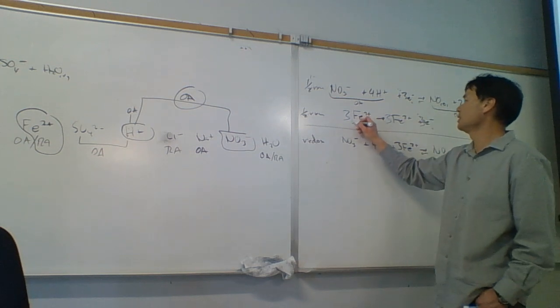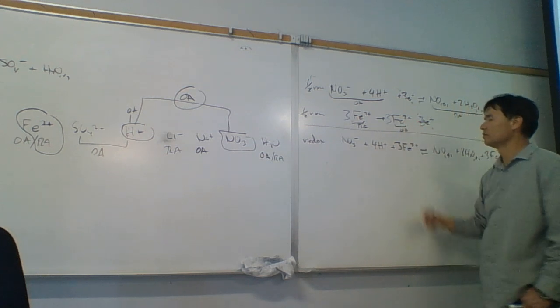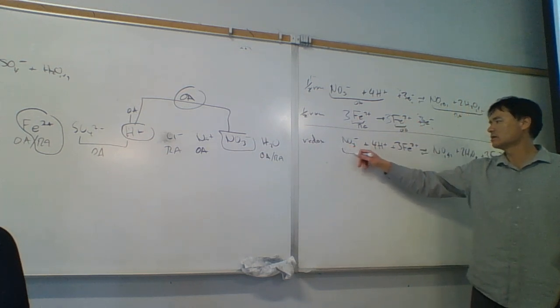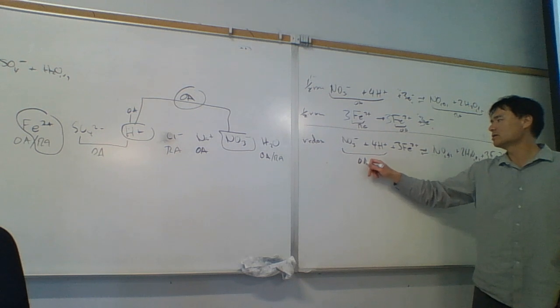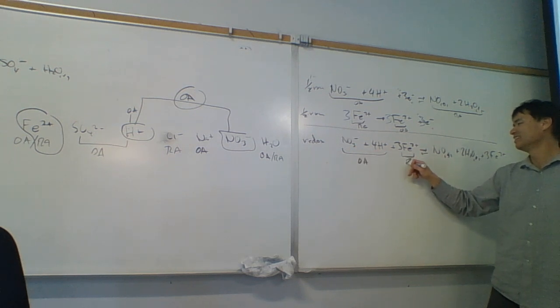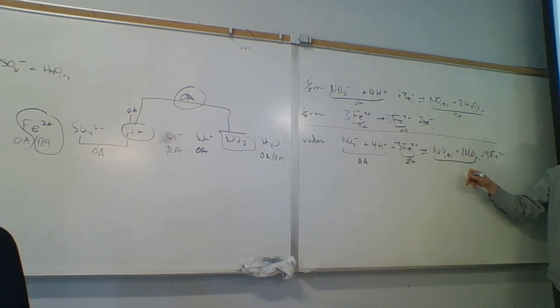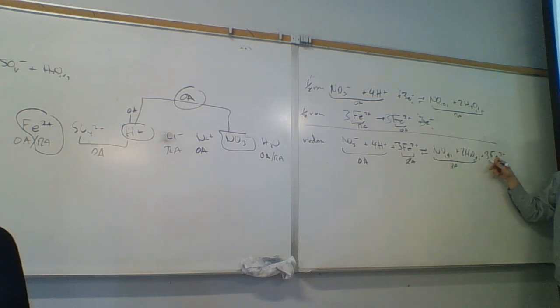If this is the reducing agent in the forward direction, then iron 3 must be our oxidizing agent in reverse. This lets us assign these. Our oxidizer is nitrate and H+, our reducer is iron 2. Going backwards, NO and H2O will be our reducer, and Fe3+ will be our oxidizer.